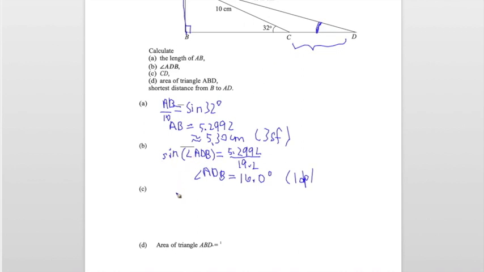Alright, so we have Pythagoras theorem, BD square equals 19.2 square minus AB square. Remember to use 5 significant figure. So BD is 18.454.